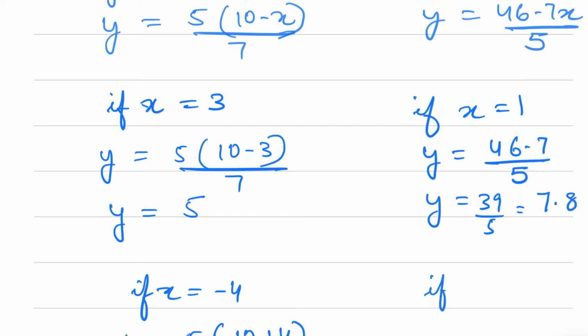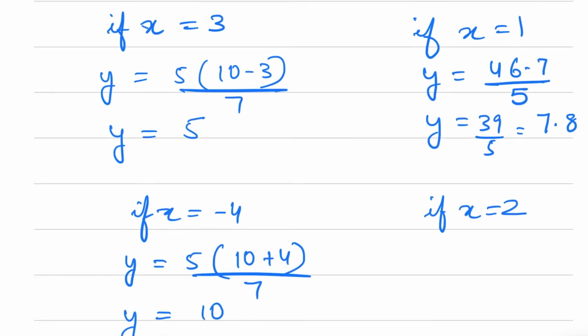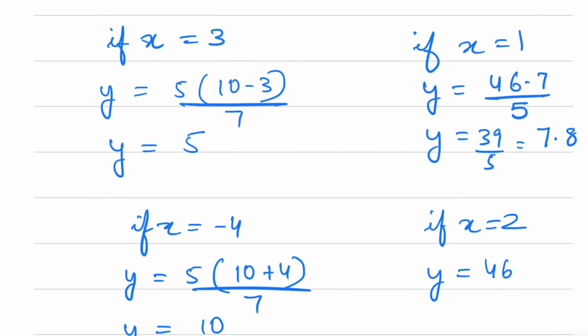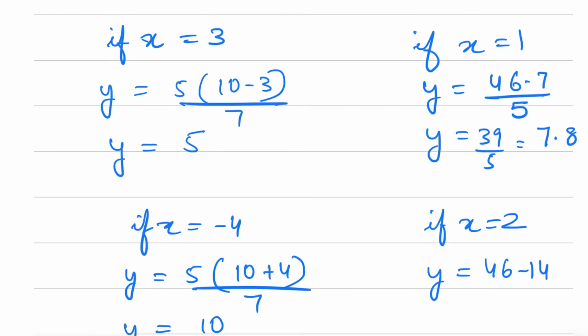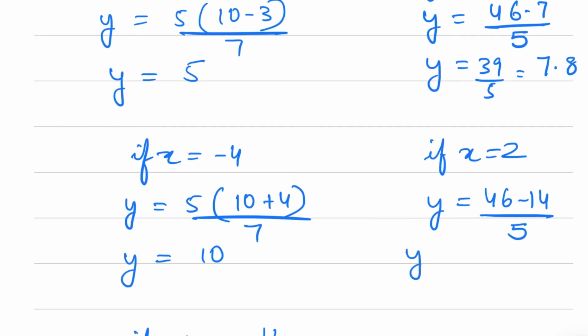If x is equal to 2, then y would be equal to 46 minus 7 into 2, so 14 by 5. So I'll get y is equal to 32 by 5, so 6 times and 4 times, right?